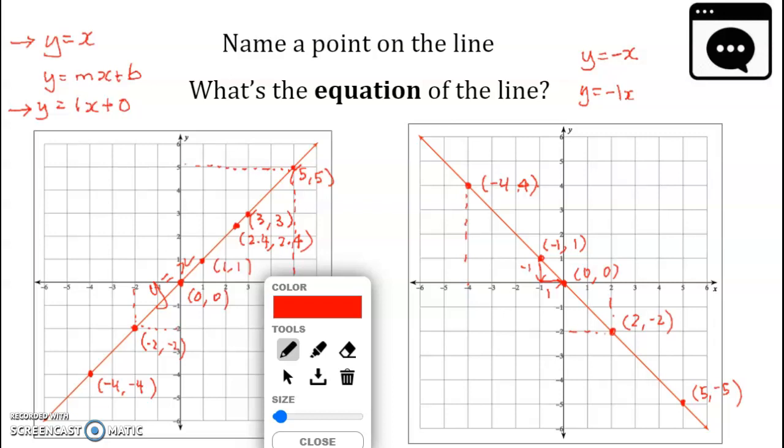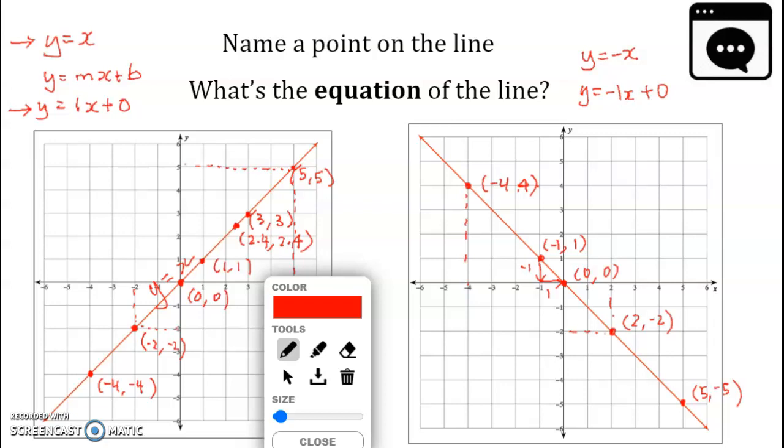Okay, and what is the y-intercept? Y-intercept is 0 again. So this is the slope-intercept form of the same equation. Okay, so you can think of it in terms of relationship, or you can think of it in terms of y equals mx plus b form.